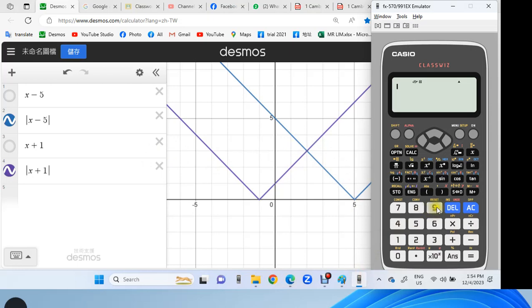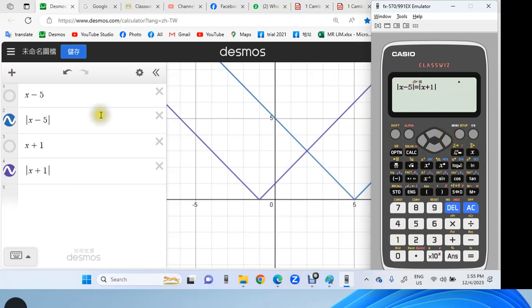Can use the calculator to check the answer. What we need to do is shift ABS, absolute value x minus 5. I go next and then I press alpha equal. So anything in pink color, after I press alpha, I can use it. And shift absolute x plus 1.